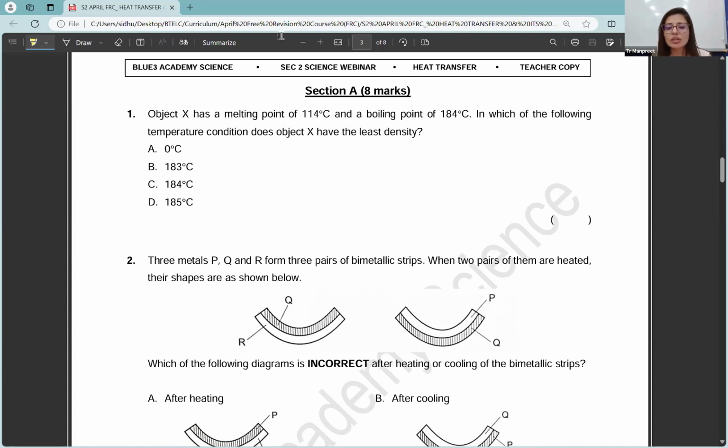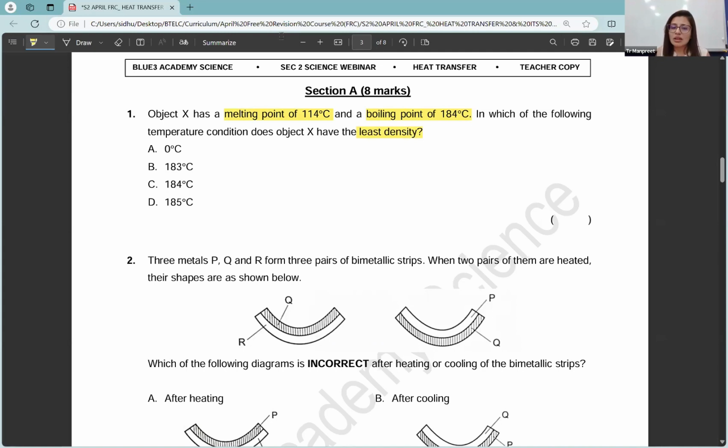Which of the following conditions does it have the least density? We highlight and annotate the important portions. It has a melting point, it has a boiling point, and you want to know when it has the least density.